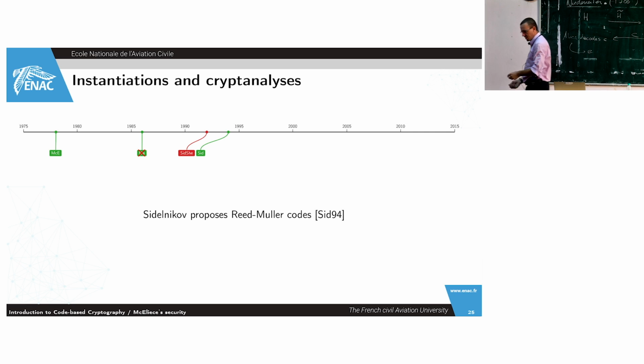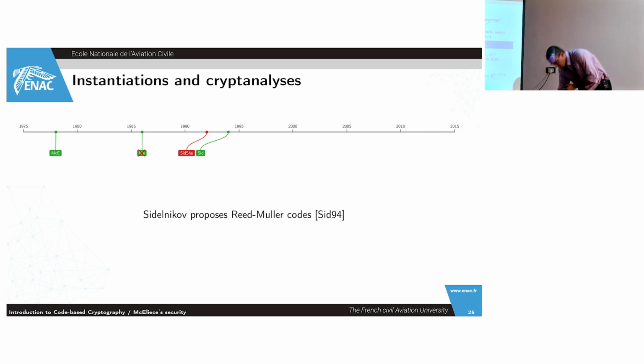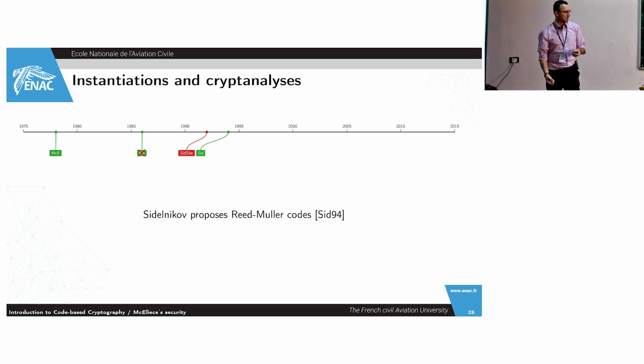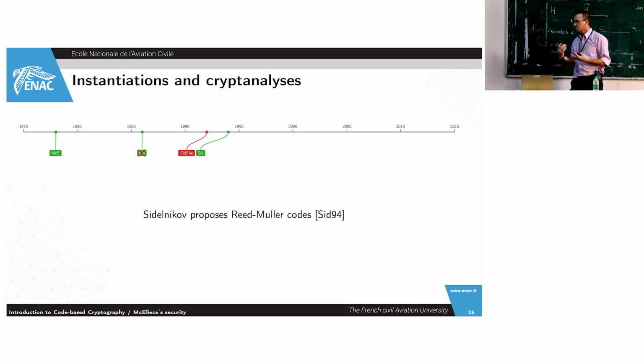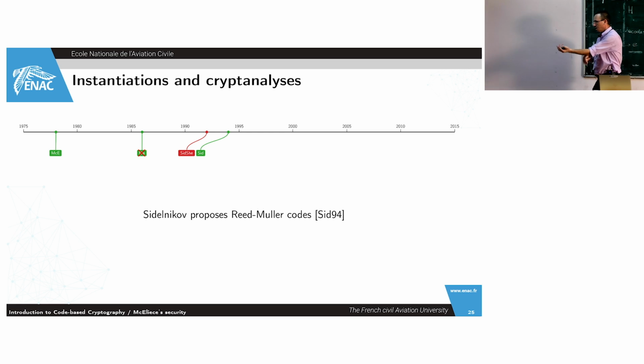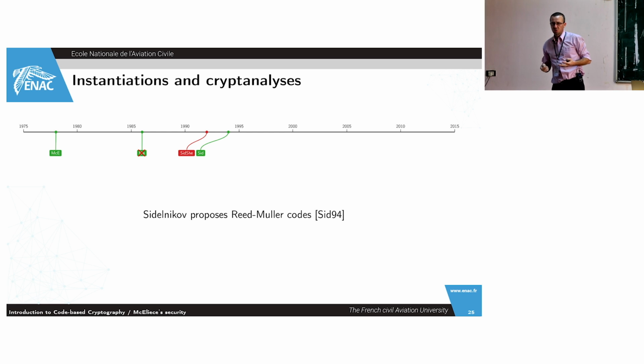There is another strategy to reduce the public key size, which is also heavily used in lattices. It's to use more structural codes, where your public key has a compact representation.